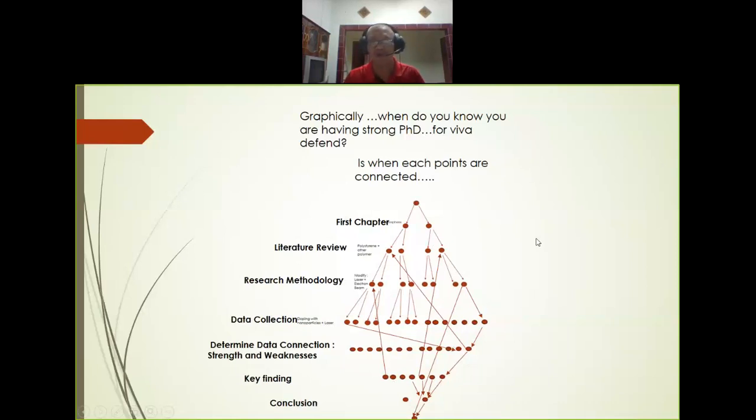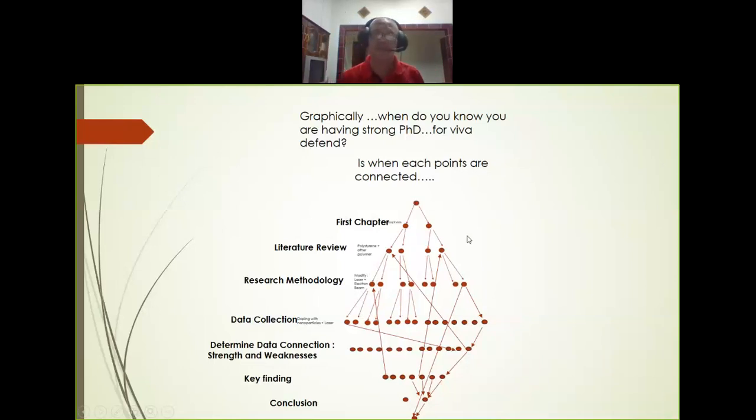Okay. Or you can also look at it this way. Your first chapter, you start to look at it. First chapter, literature review, research methodology, data collection. So all this data collection needs to be related to the literature review, related to the research methodology, and your introduction. Okay, that is how simple it is to get your PhD.